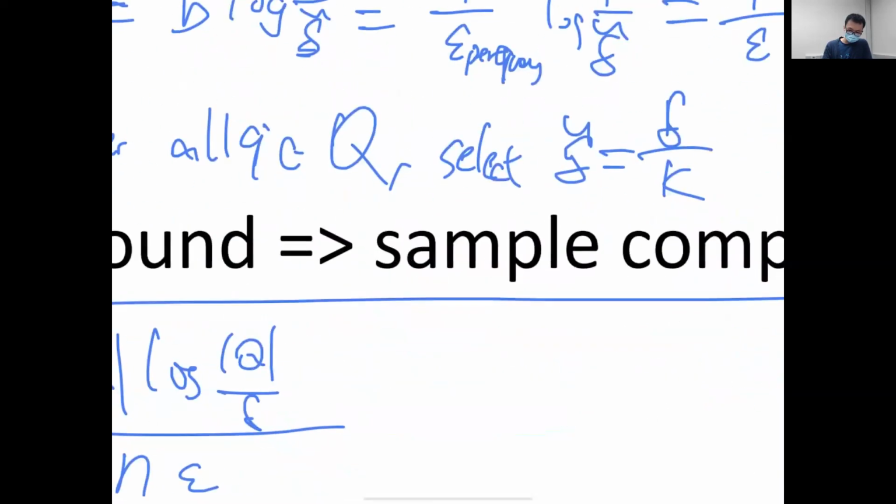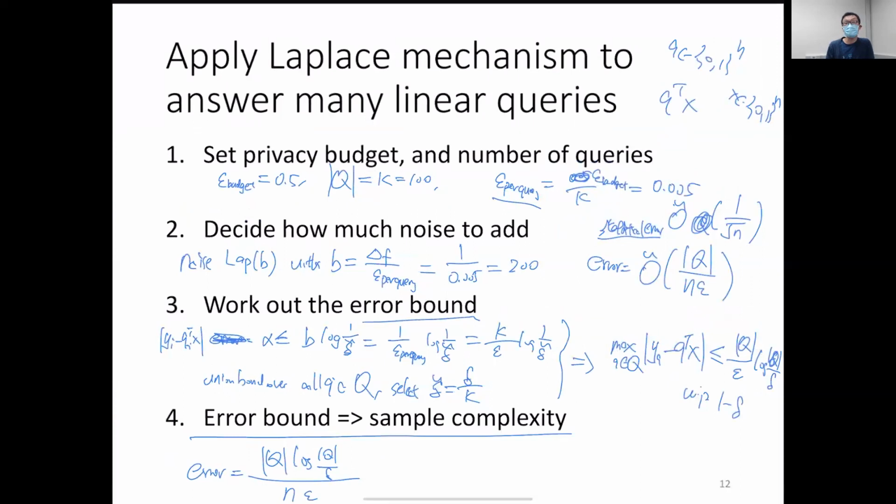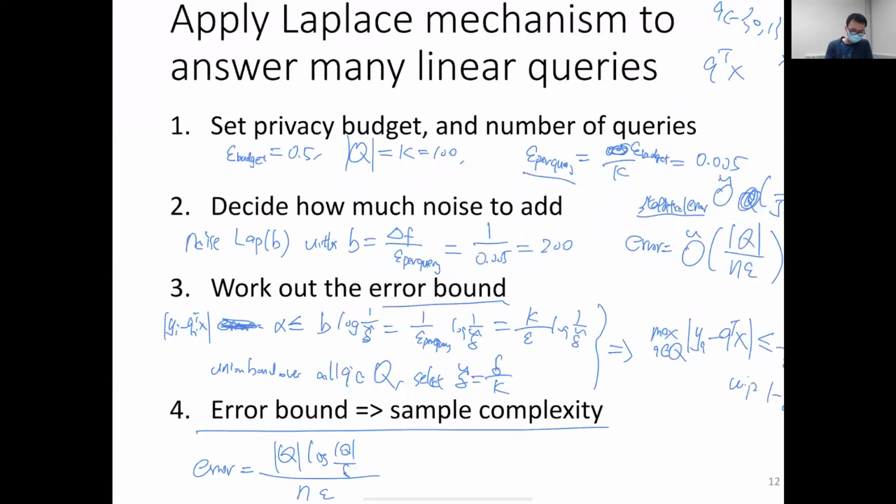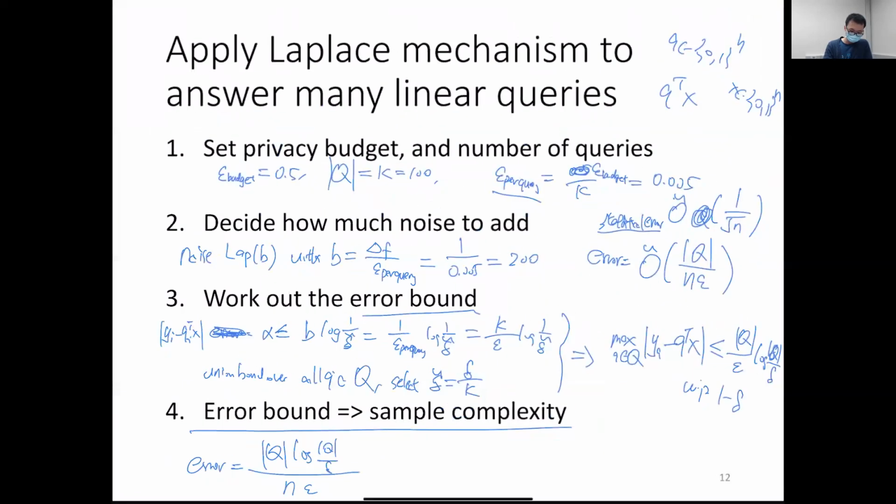And by sample complexity, we mean how large n needs to be before we get a normalized error alpha. So let's say this is normalized error alpha. Then the sample complexity would be n on the order of Q log Q over delta over alpha epsilon. So this will be the sample complexity.